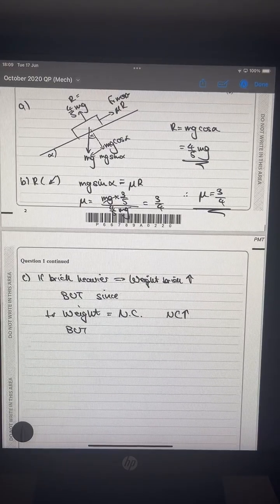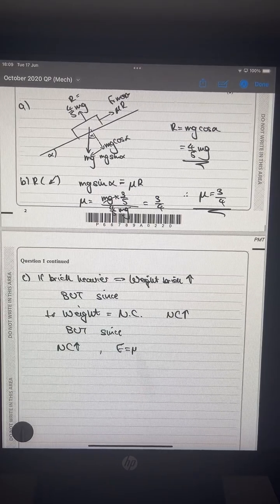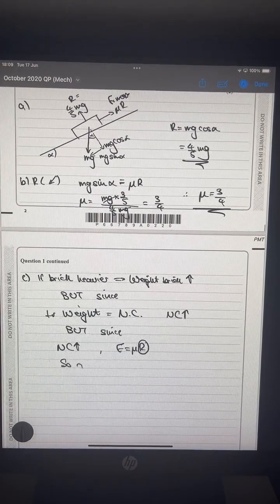But since the normal contact force increases, F equals mu R, which has the normal contact force, so does the friction.